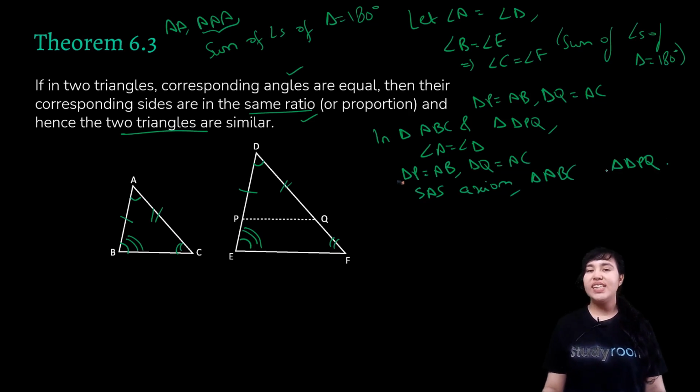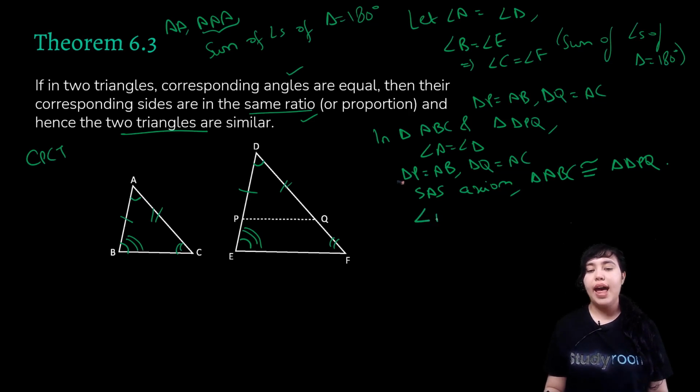Now you tell me, what is the symbol for congruency? It is this one. Now we know that if these two triangles have been proven to be congruent, we can make use of CPCT. CPCT refers to the corresponding parts of congruent triangles, which means they are also equal. So making use of this, I can say that angle B and angle P are equal, using CPCT.